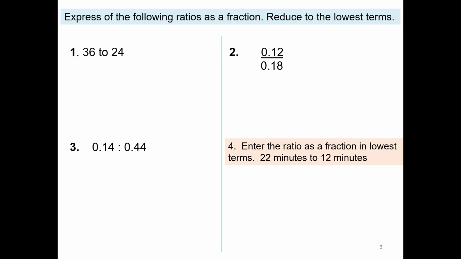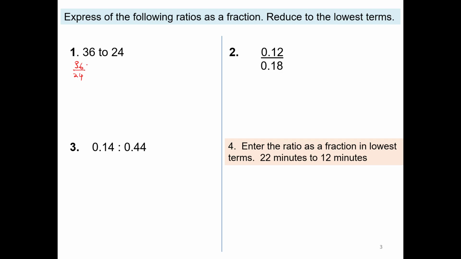In this case, we want to express these ratios as a fraction, and if possible we want to reduce the answer to the lowest terms. In the first case we had 36 to 24, and we can express it as a fraction and simplify the fraction.